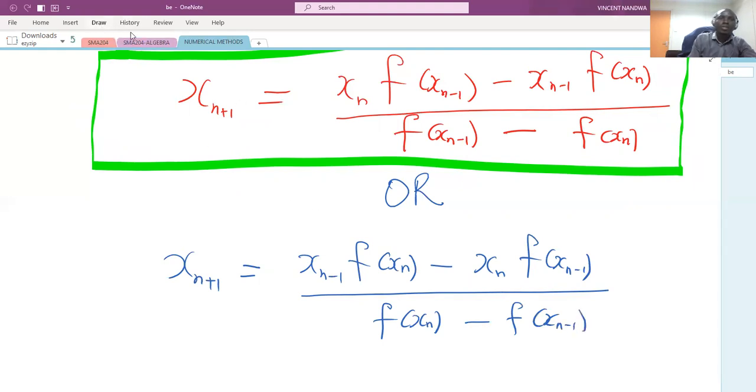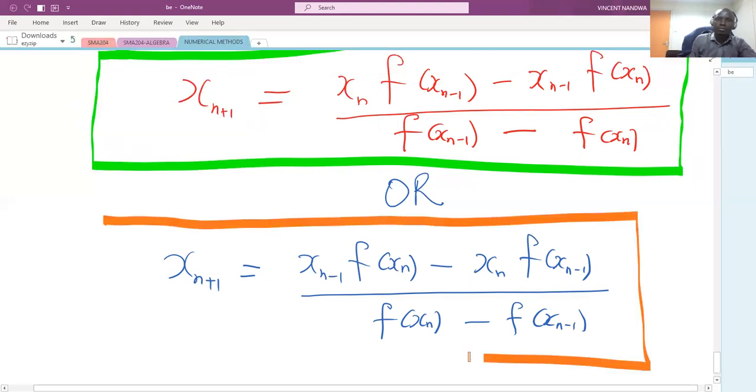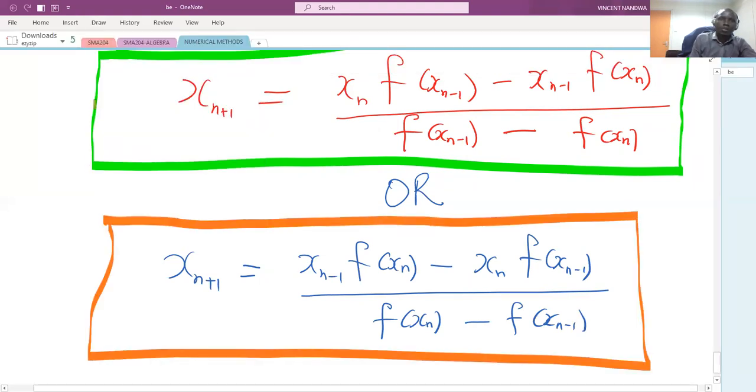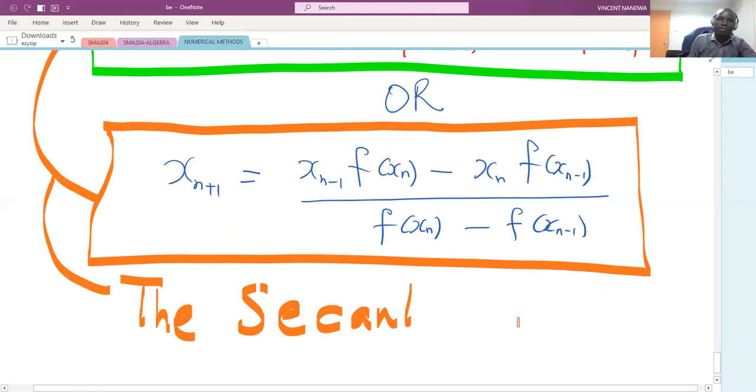So you can either use this or use this other representation here. These two are what define the secant method formula.